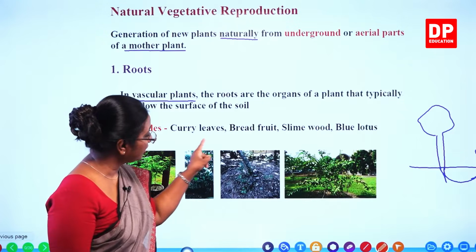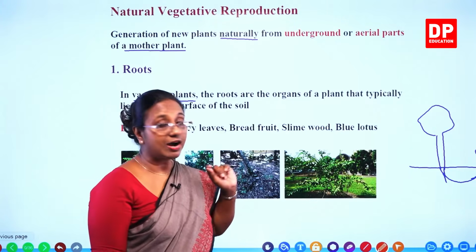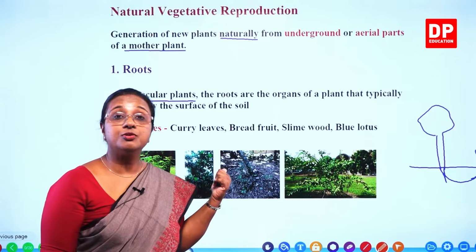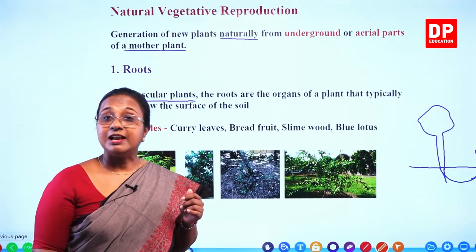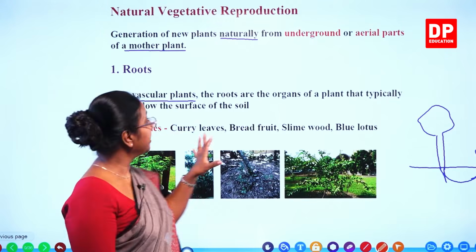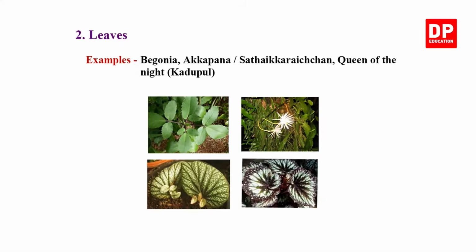In addition to that, you can see the beli or wilworm plant and the guava plant shown here. So, those also can reproduce by roots. I am sure you all can remember that from the smaller grades as well. So, that is the reproduction by roots. I will move on to the next slide.